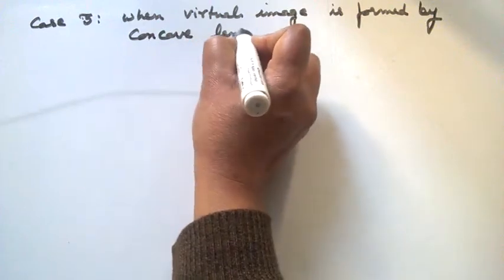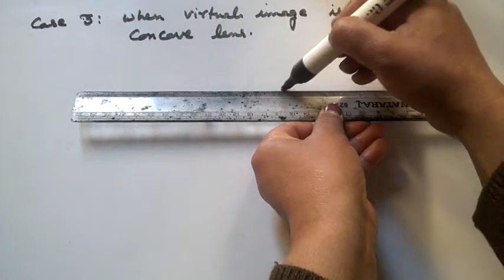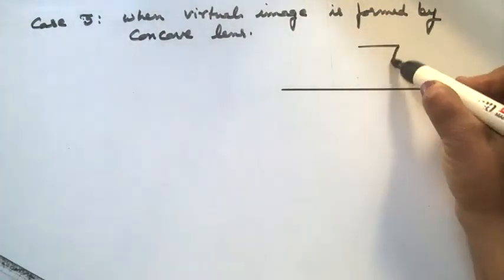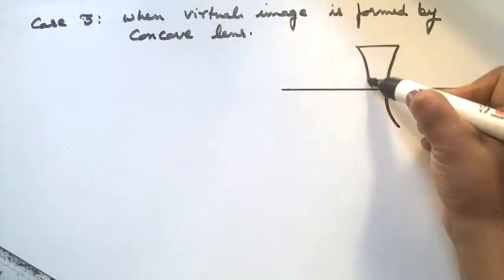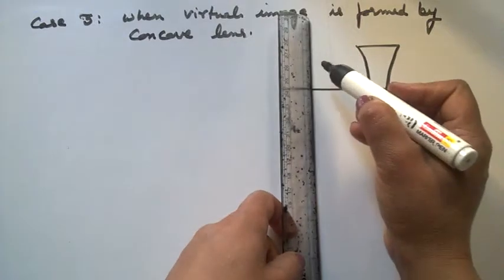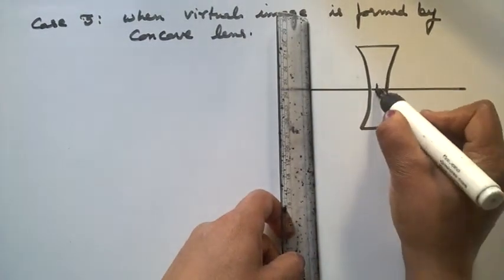So here draw first ray diagram, concave lens. Object is placed anywhere between optical center and infinity.